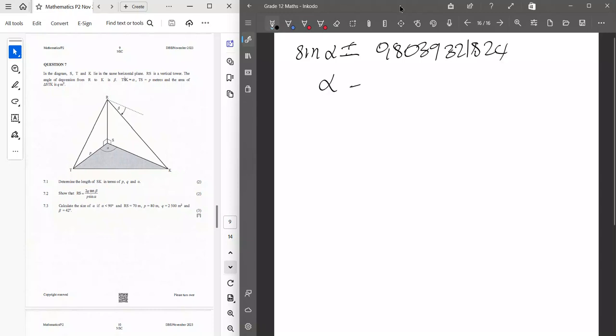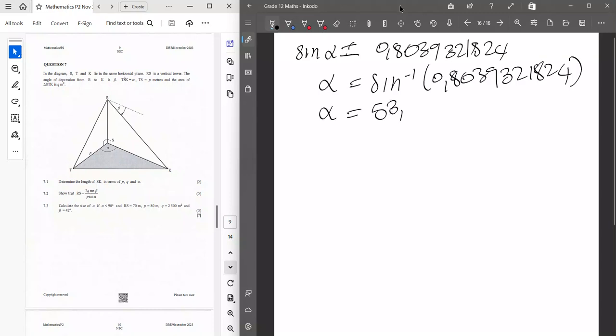Then alpha is sine inverse of 0.8039321824. Guys, you don't have to write all the values. Even if you write 5, you will still get the same answer. So what is this? 53.51 degrees.